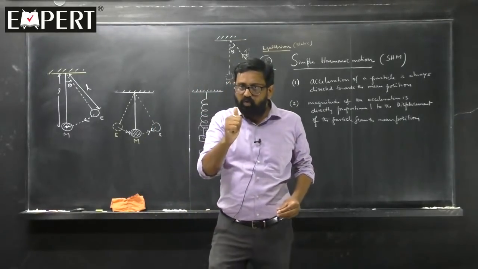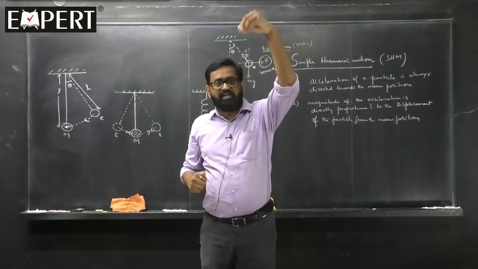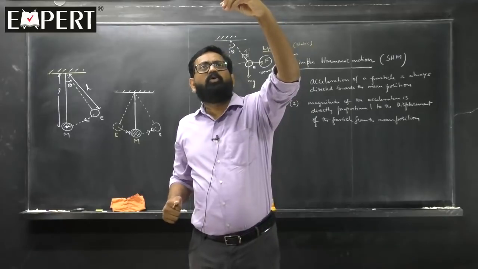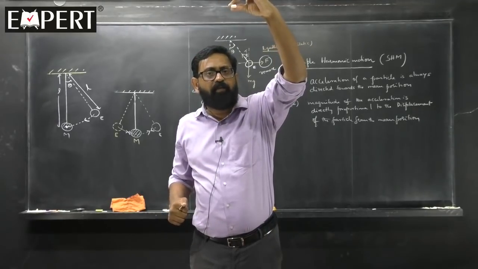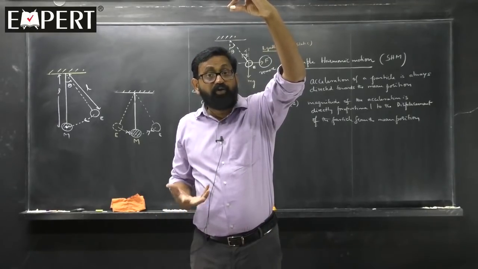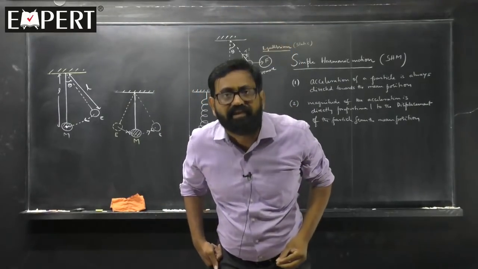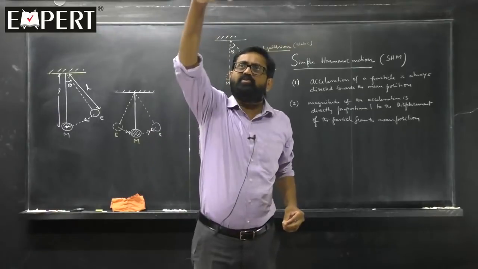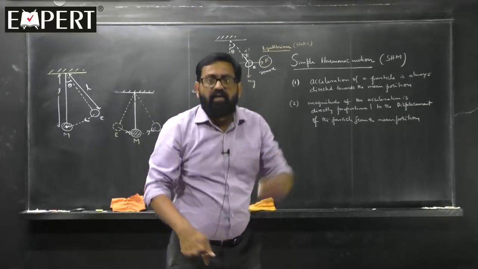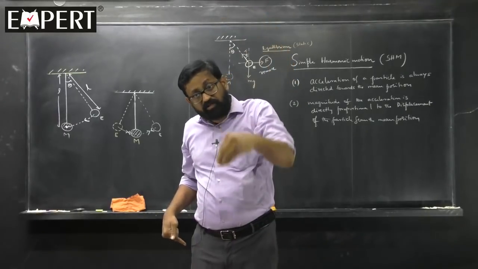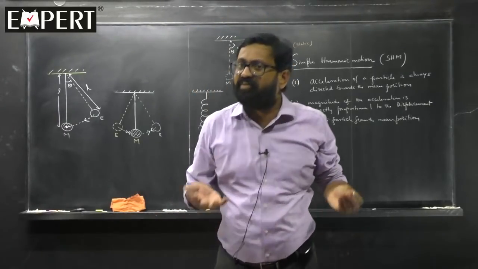You know why? Because the direction of motion is along the direction of acceleration. Because of the acceleration due to gravity, it is falling downward. In what direction is acceleration due to gravity acting? Downward. And since the direction of motion is also along the direction of acceleration, velocity goes on increasing.